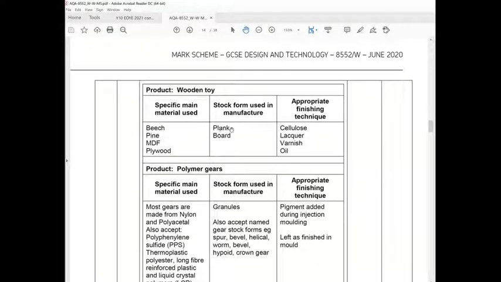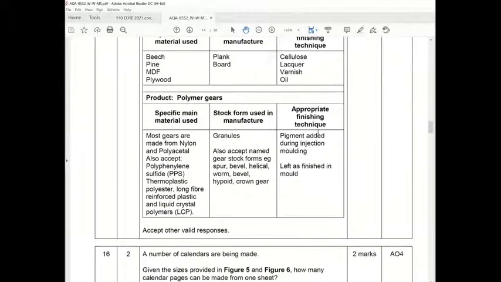A bit of an odd term, plank. You don't really ask for things in planks, but that's what you're taught. And then you can finish it in a cellulose, lacquer, varnish or an oil. Paint I accepted, as I said.